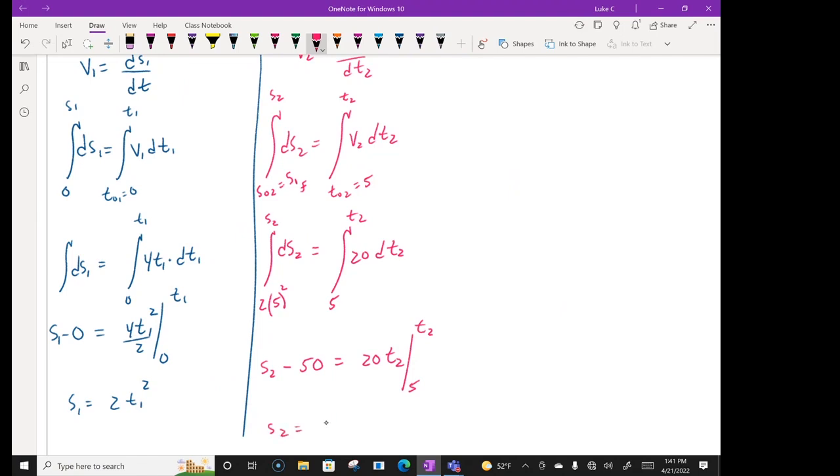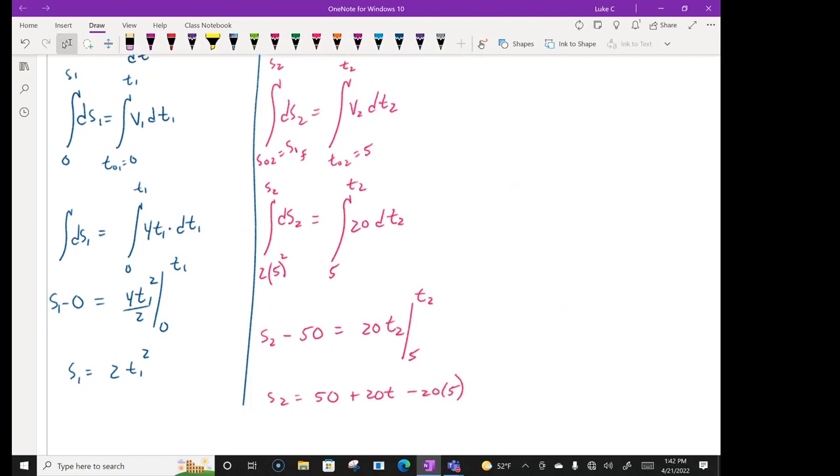So S2 is 50 plus 20T minus 20 times 5, correct? 20T minus 50? That's 100, yeah.